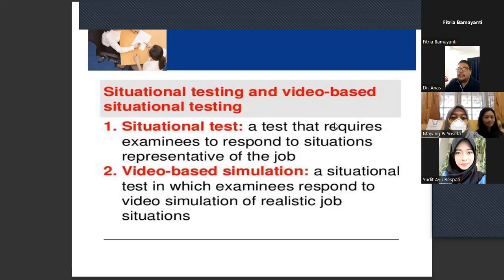The second is video-based simulation, a situational test in which examinees respond to a video simulation of a realistic job situation. So this is about how management does the situational test. Some of the tests are based on representative situations, some are based on video simulation. Okay, next.